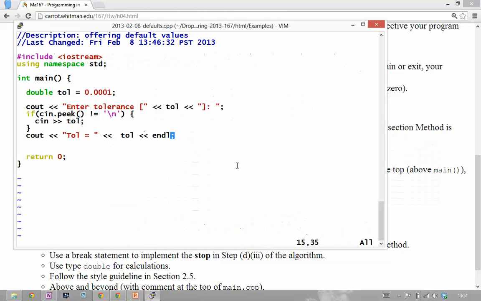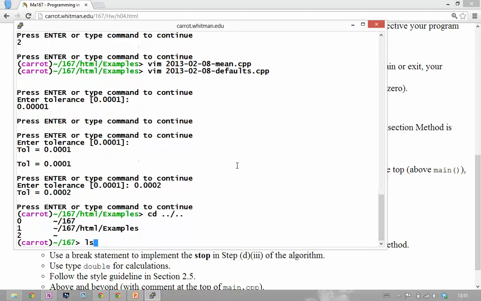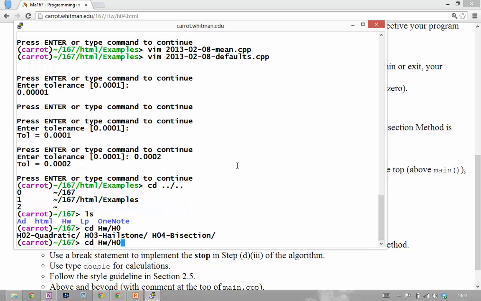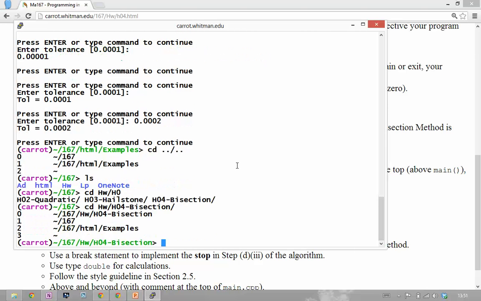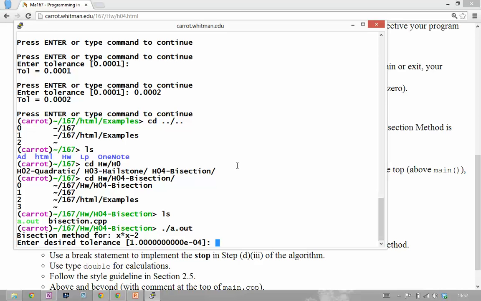Let me leave you for the weekend with a rerun of my bisection method. This is precisely what I just showed you. It's the bisection method for x squared minus 2.